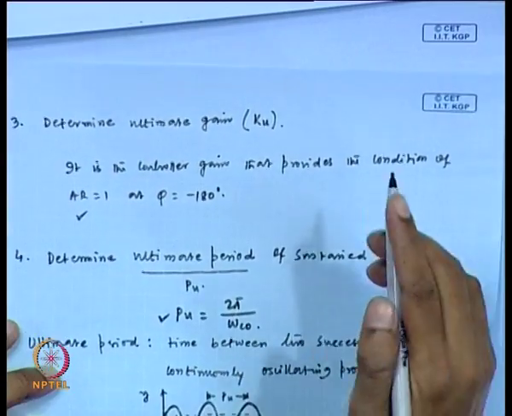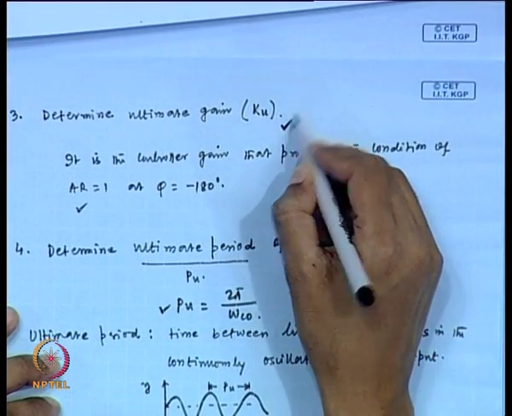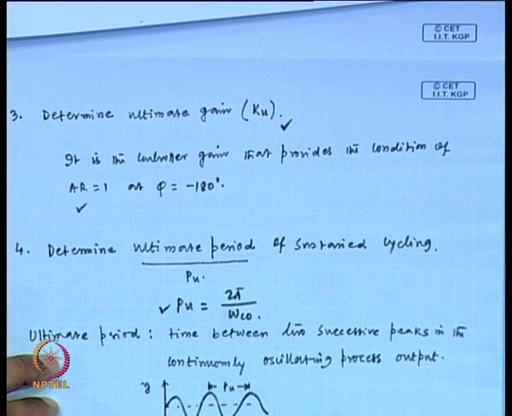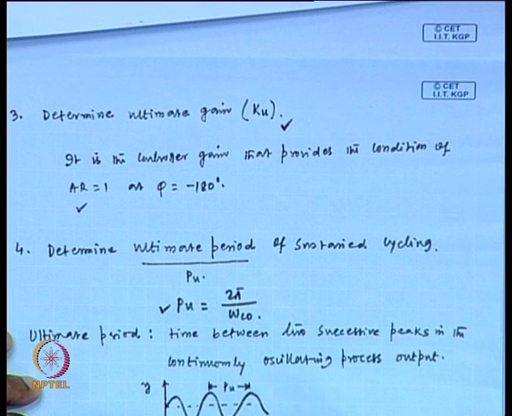So, in step 3 we knew the calculation of ultimate gain, and in the next step we discussed the determination of ultimate period. Now, knowing the values of Ku and Pu, we need to use some correlations recommended by Ziegler and Nichols. Fine.